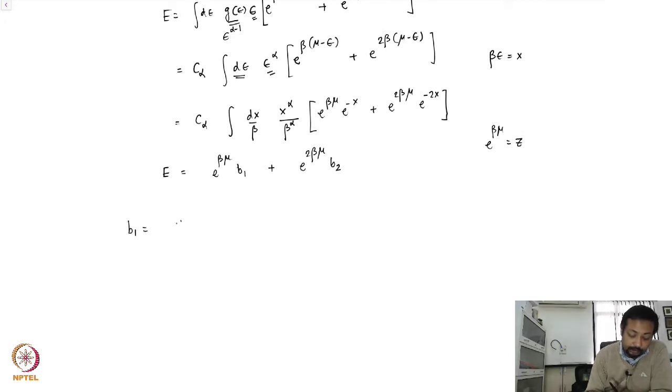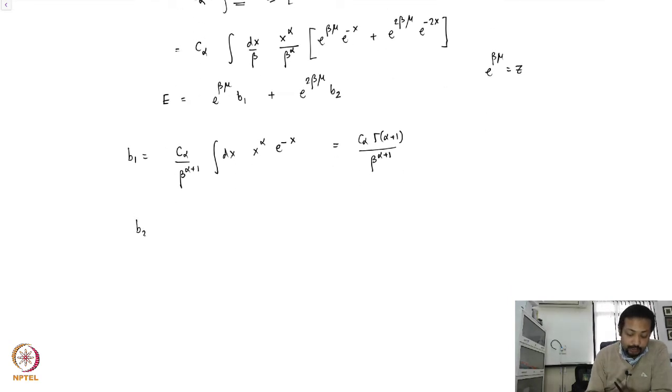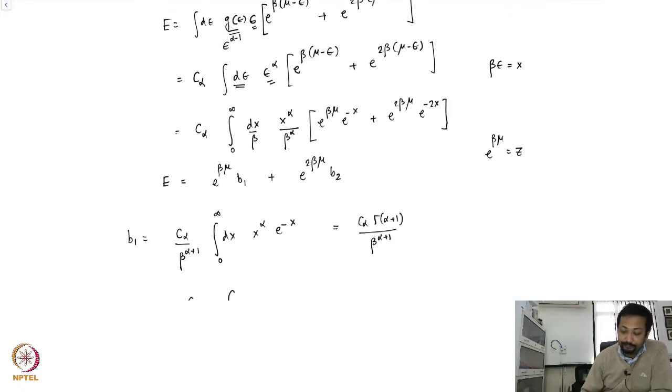b1 is c_α β^{−(α+1)} ∫ dx x^α e^{−x}, and that is given by Γ(α+1) divided by β^{α+1}. Similarly, b2 is going to be c_α β^{−(α+1)} ∫ dx x^α e^{−2x}. All the limits are between 0 to infinity, so let's not forget that.